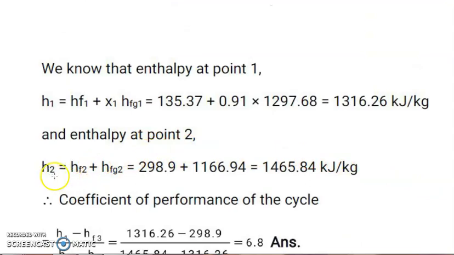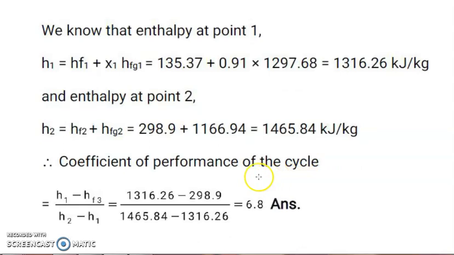So H2 is equal to HF2 plus HFG2, because the dryness fraction here is 1. So you will get 298.9 plus 1166.94. If you solve it, you will finally get 1465.84 kilojoule per kg.